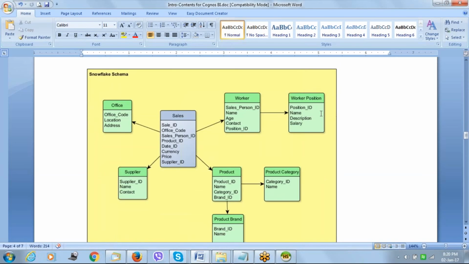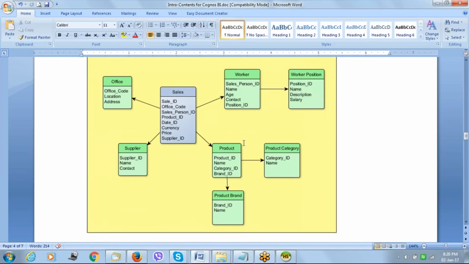For example, this is the thing of snowflake schema. The product is referring to another dimension. So the product brand is a sub-dimension of a product, and product category is a sub-dimension of a product. If the data is saved in this format, then it is a snowflake schema. All these things are tables.